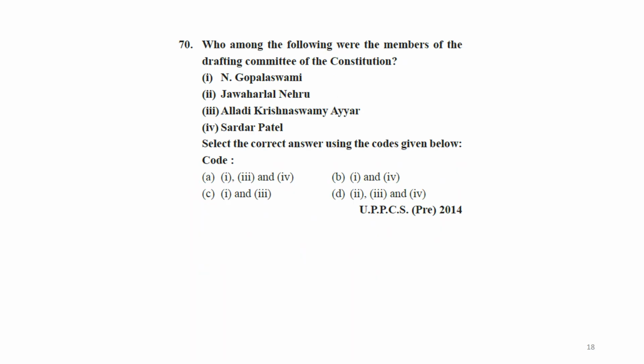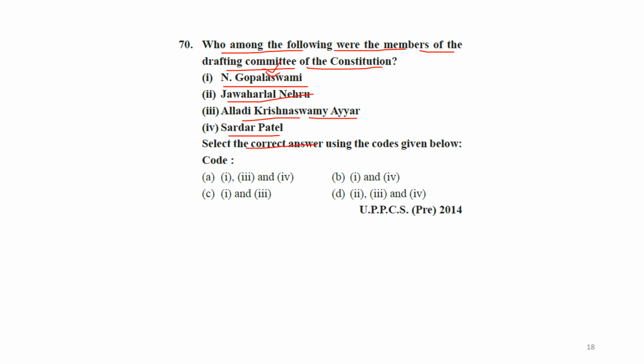Next, who among the following were members of the Drafting Committee of the Constitution? N. Gopalaswamy, Jawaharlal Nehru, Alladi Krishnaswami Iyer, Sardar Patel. They are asking about the other members of the Drafting Committee, so you can easily answer this based on the previous explanation.